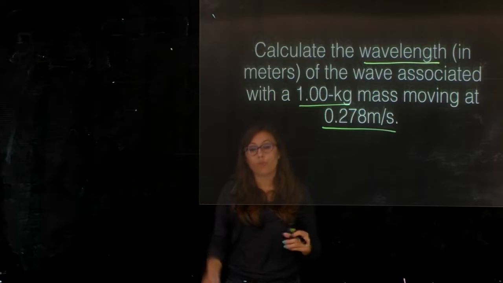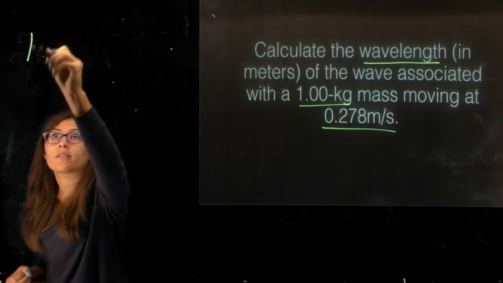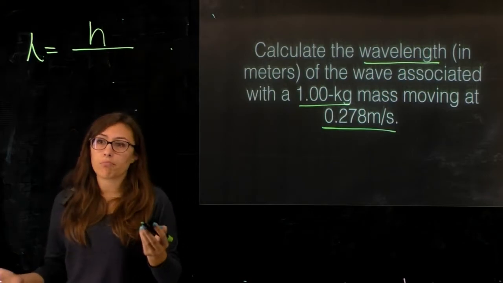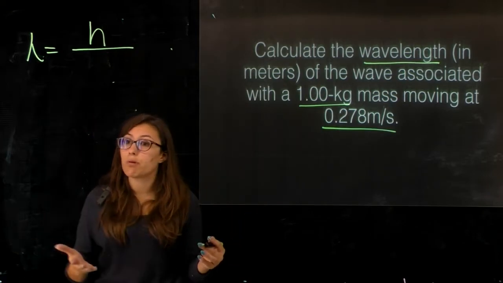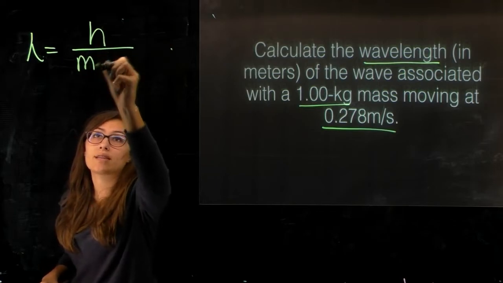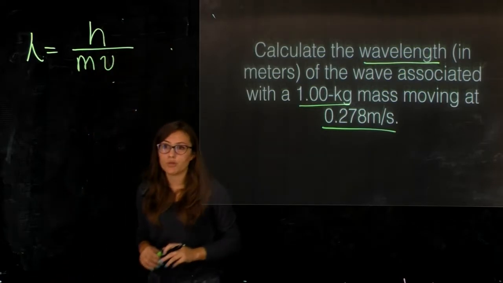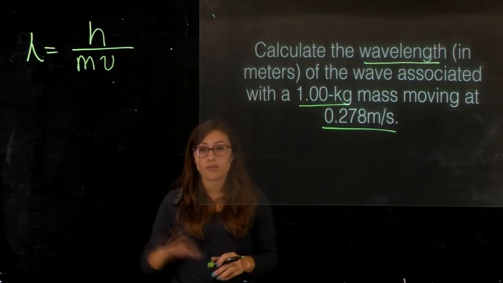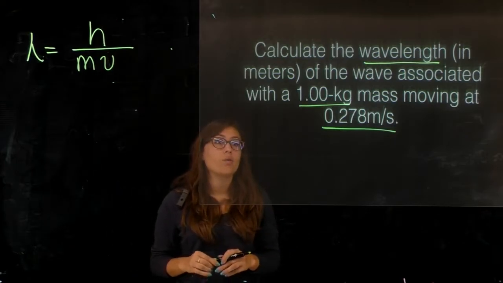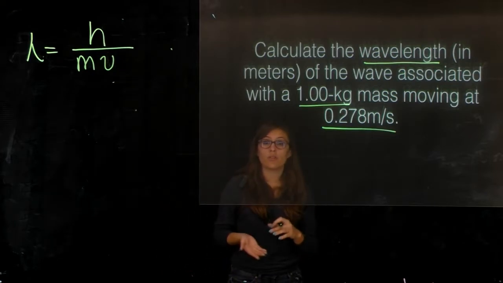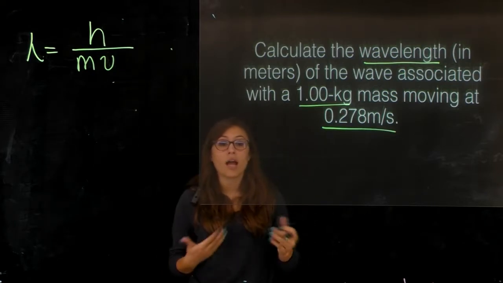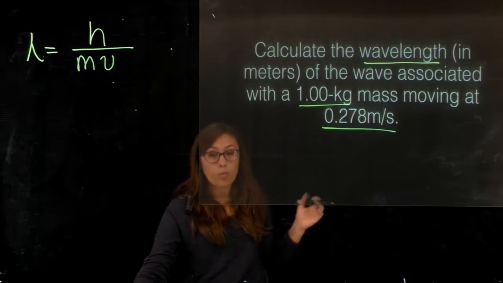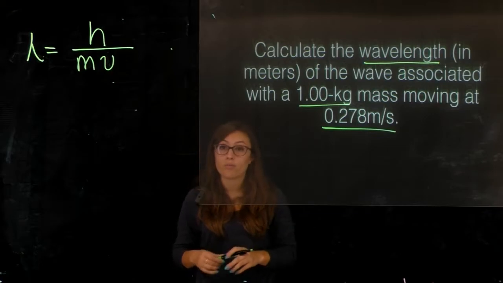Well, we know the de Broglie wavelength: wavelength is equal to Planck's constant divided by the momentum of the object, where momentum is equal to your mass times the speed at which it is moving. So this is the equation we're utilizing, the de Broglie equation, because Einstein had stated that light can act as both a wave and as a particle.